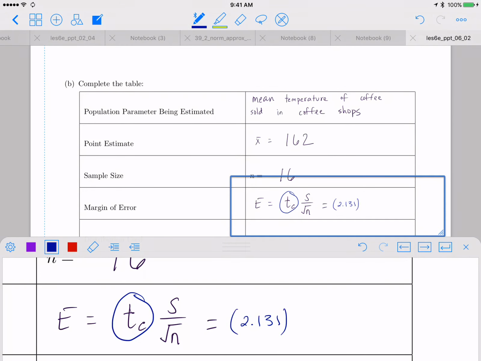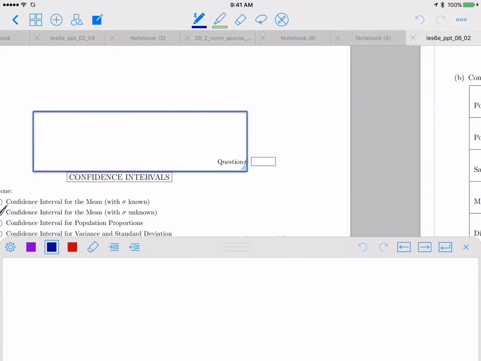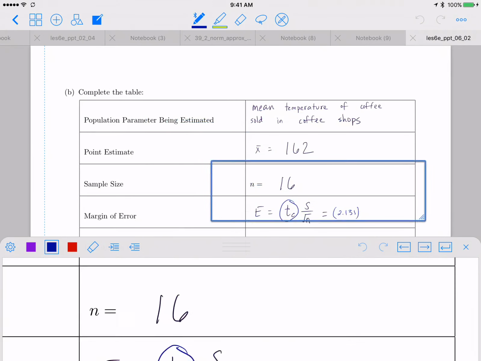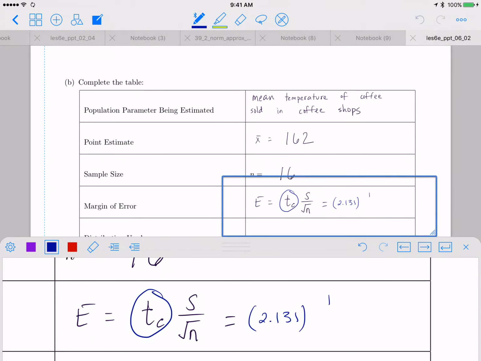What is my S? What's my sample standard deviation? And what is N? N is equal to 16. So this is 2.131 times 10 over square root of 16.